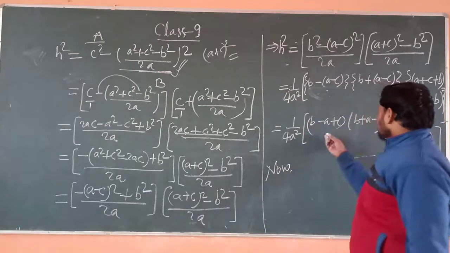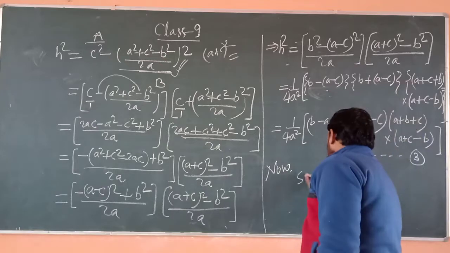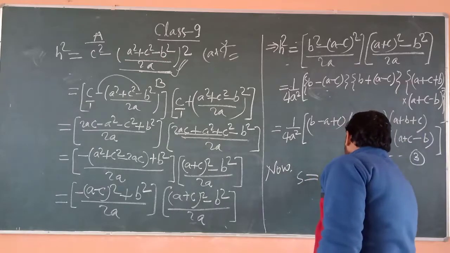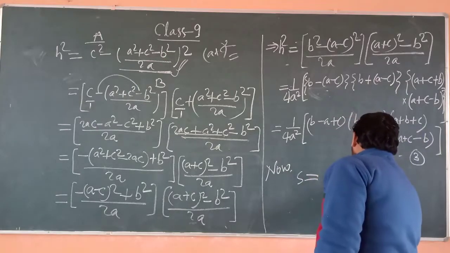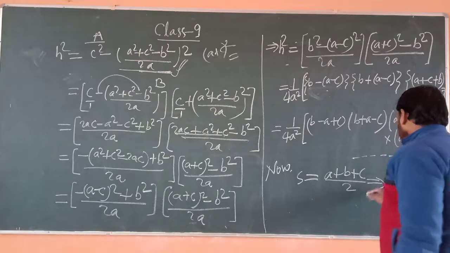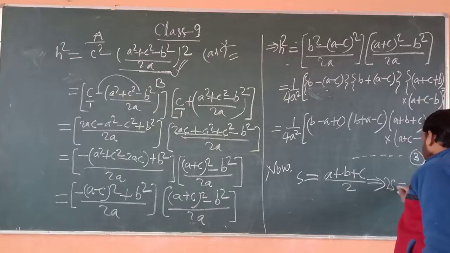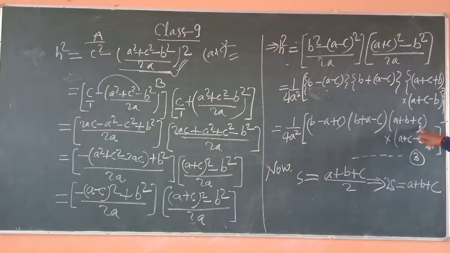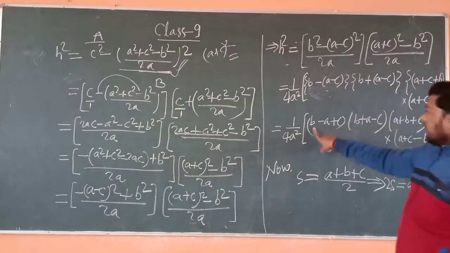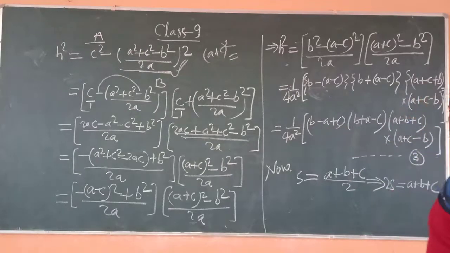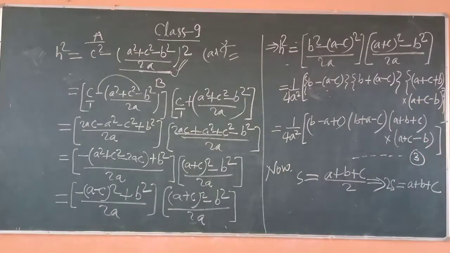Now s is equal to, we know already, (a plus b plus c) upon 2, which implies that 2s is equal to a plus b plus c. Since there is a plus b plus c, we can put 2s there, and in the form of s we can find the value of b plus a minus c, or b minus a plus c, or a plus c minus b.